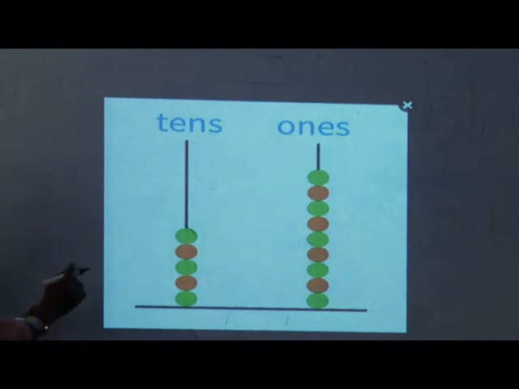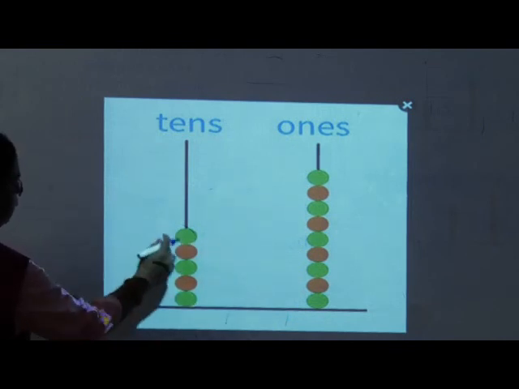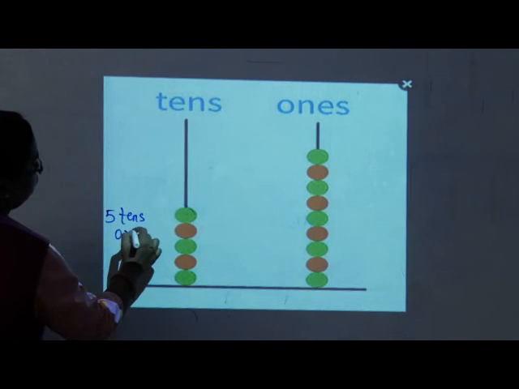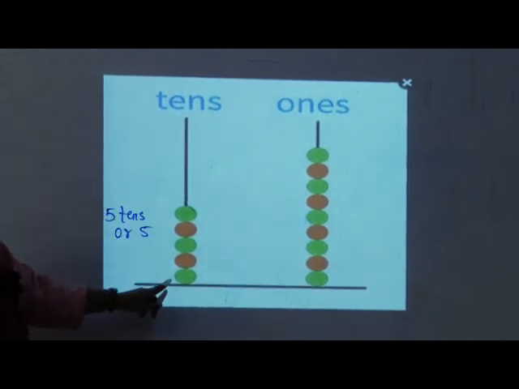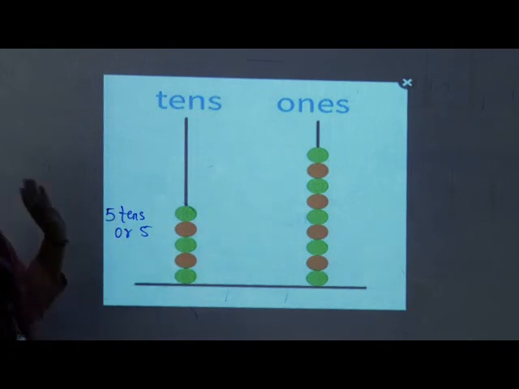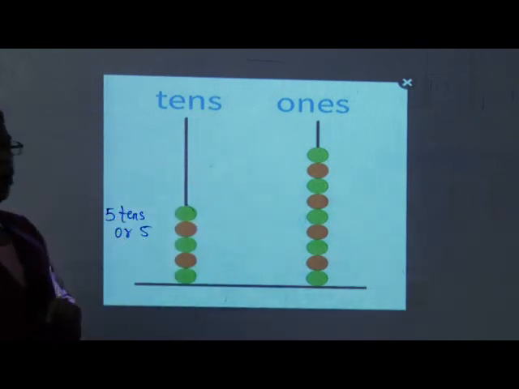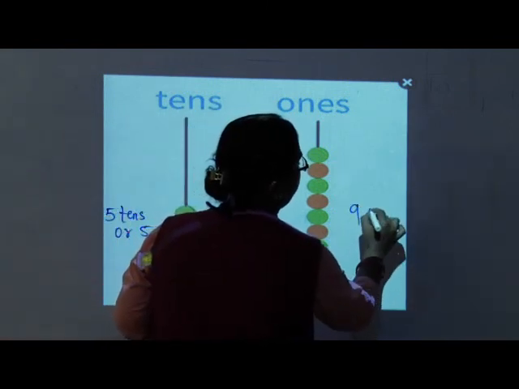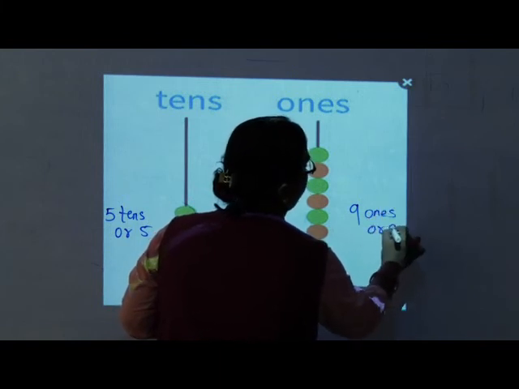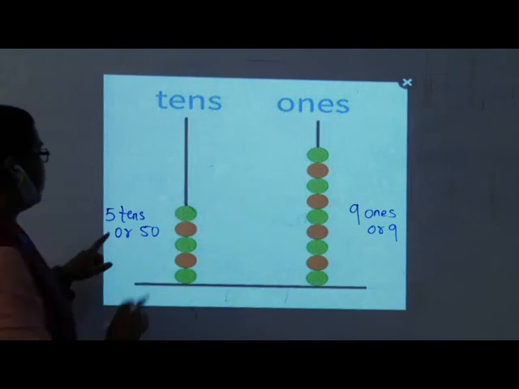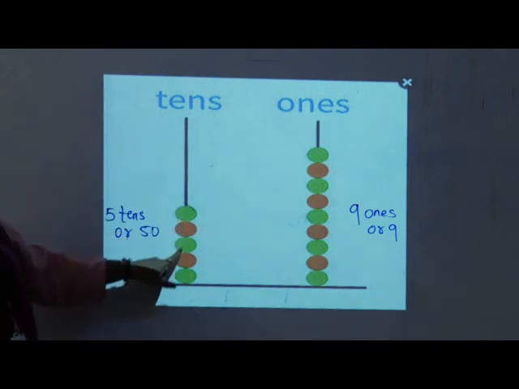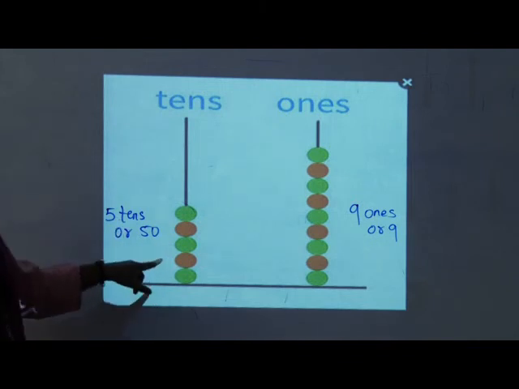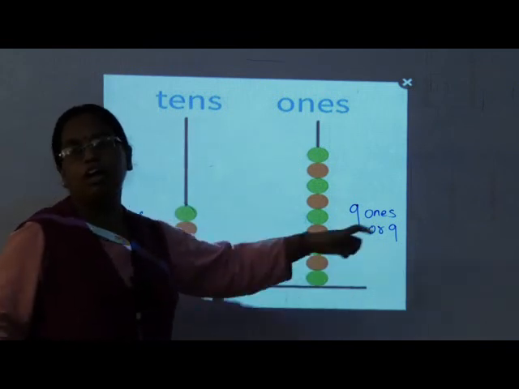The place value of 5 is 5 tens or 50, and the place value of 9 is 9 ones or 9.